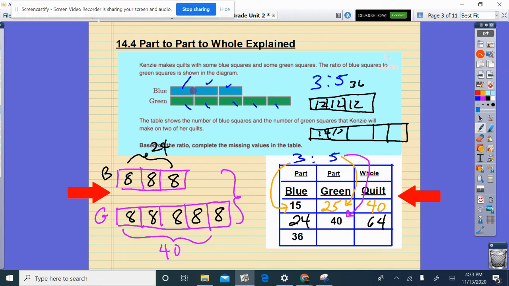And if this is 12 in each box, 12 times 5 equals 60. And then the total will be 96. So this is how we look at this and say how can I use a tape diagram to help me solve? Because it helps me draw a picture.